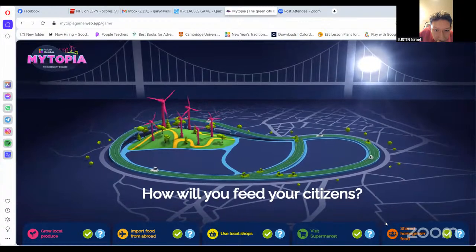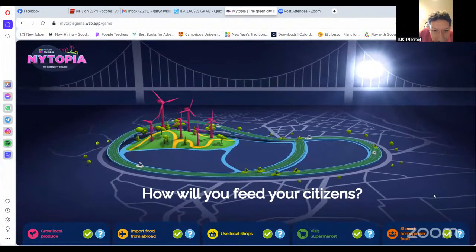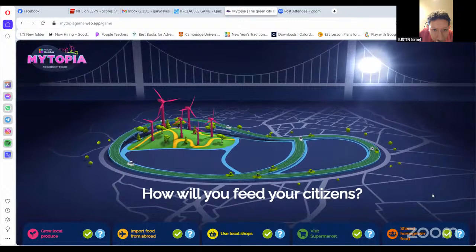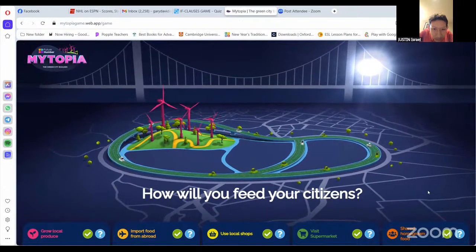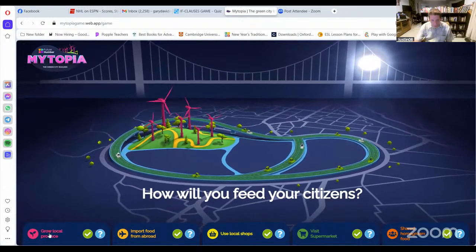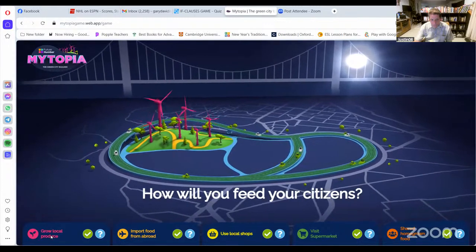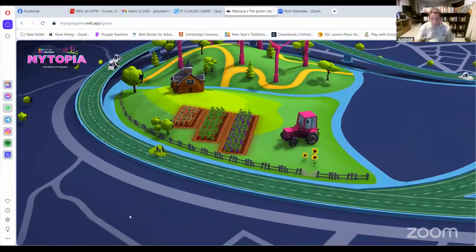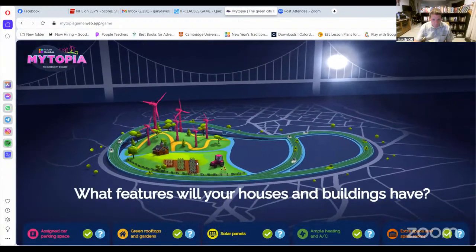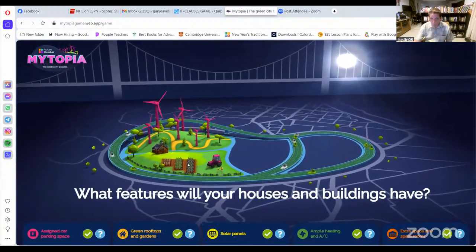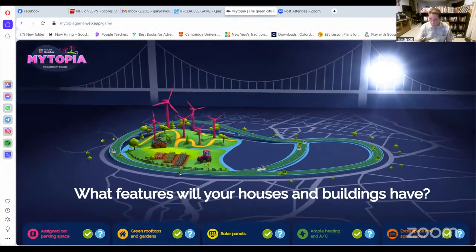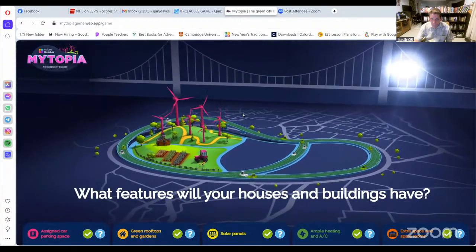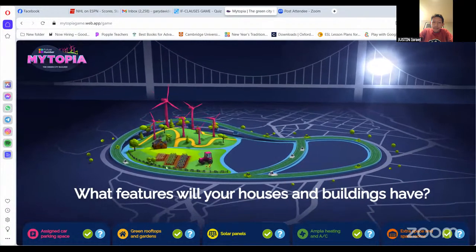I would go with the first one, grow local products. Okay, so grow local products. So if we grow local products, it means that we will have more farms in and around our city. Do you think that's a good thing?